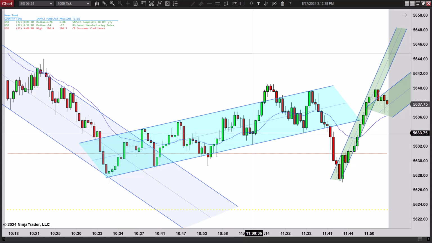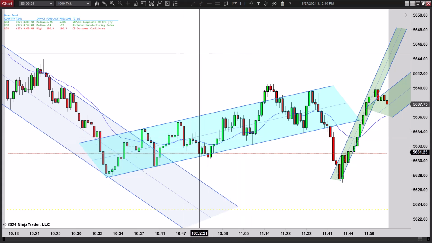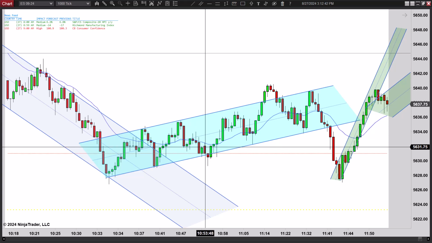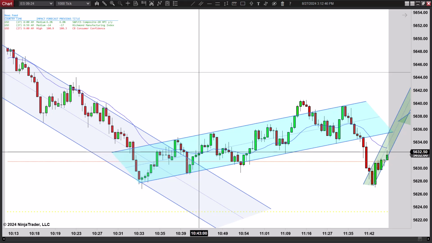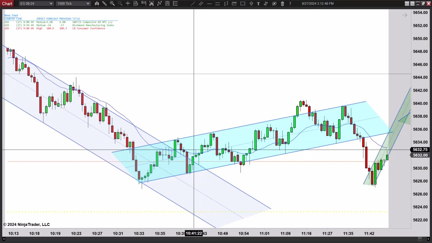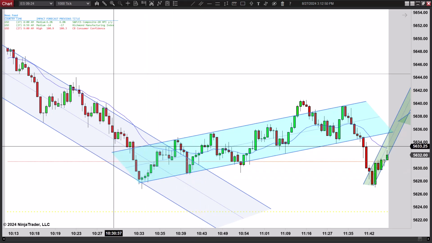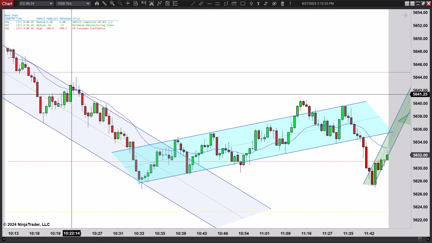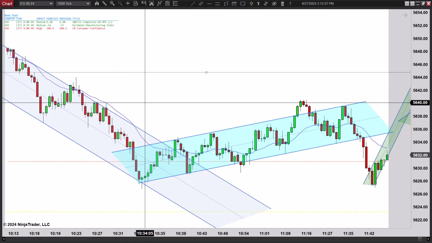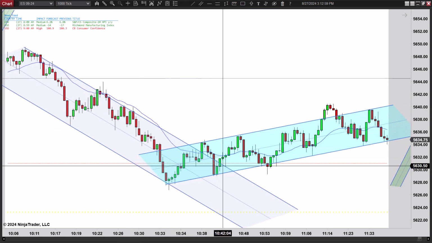This one really is a third entry. There's one, that one would have failed. Here's a second entry, a nice one. Coming down, there's one there. Seemed like there was another one down here somewhere.